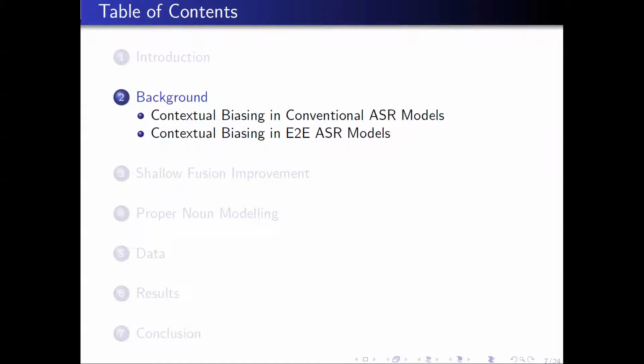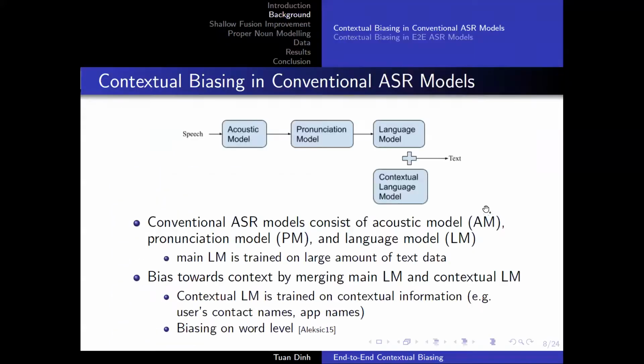In this section, we review basic concepts and previous results on contextual biasing. Conventional ASR models consist of an acoustic model, a pronunciation model, and a language model. The main language model is trained on a large amount of text data, which increases its exposure to context-specific data, such as song names.